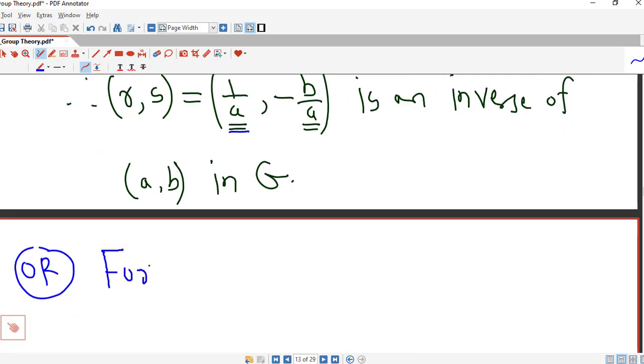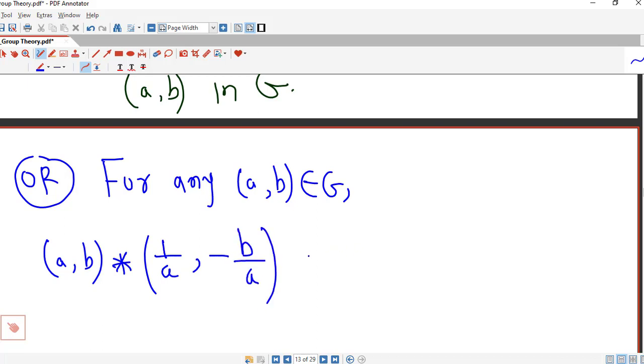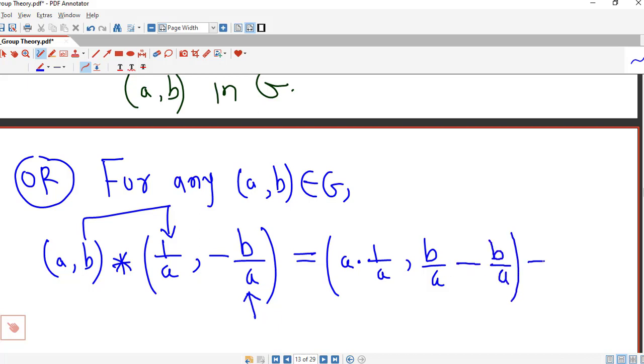So we can write it this way also: for any (A,B) belonging to G, we write (A,B) star (1 by A, minus B by A). So this is equal to, by the definition, first component into first component, then second component into first component, which is B by A, plus second component, which is minus B by A.